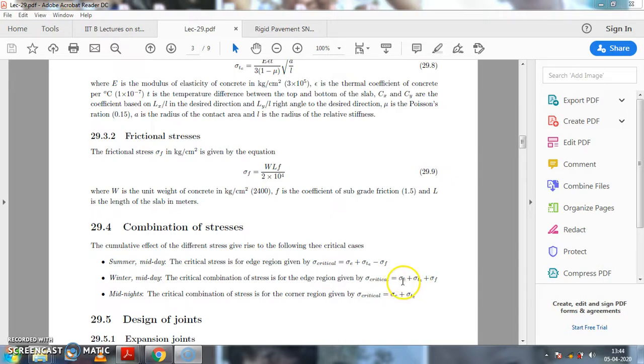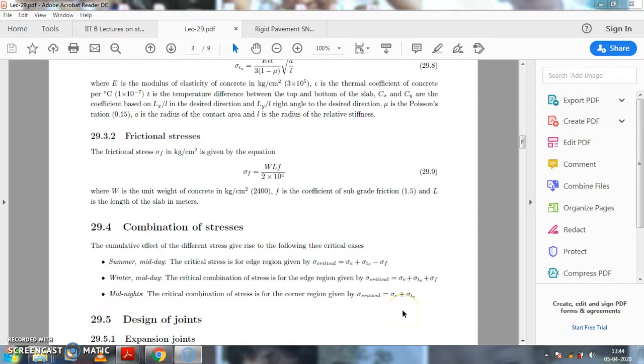That means both will be positive, sigma E plus sigma T. Clear? So if we write the critical stress combination, we find load stress plus edge temperature stress plus frictional stress, again for the edge region.